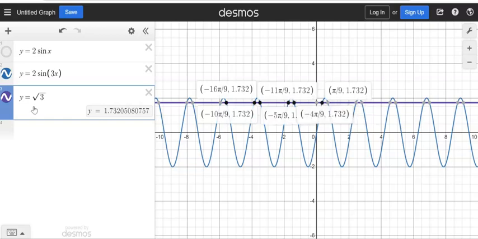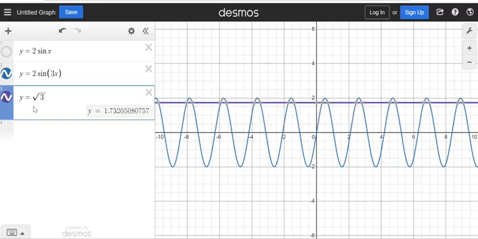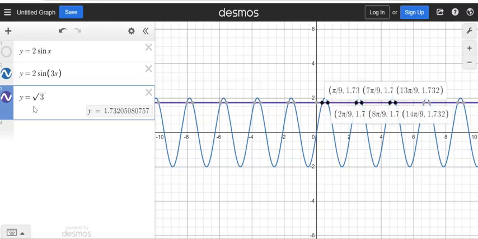Except what I'm wanting to know in this particular case is between 0 and 2 pi. So that means I'm going to be looking at all of these values until I get up to 2 pi. Well, if I have something divided by 9, it's going to be at 18 pi, so I can't have that answer right there. But I can go ahead and have all of these.